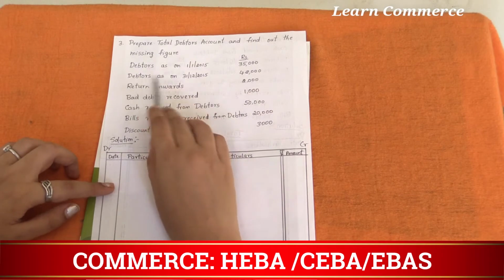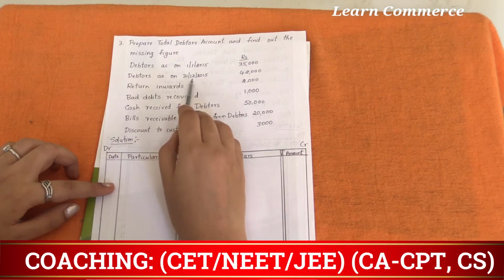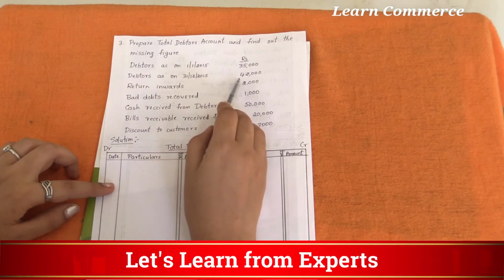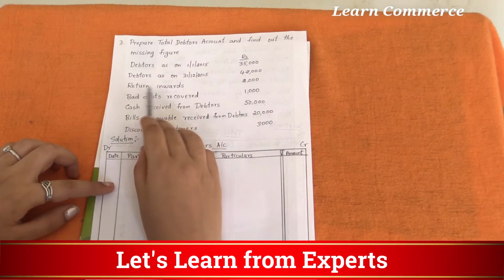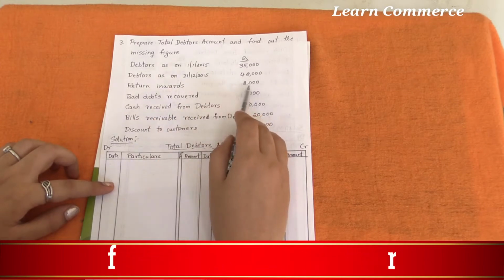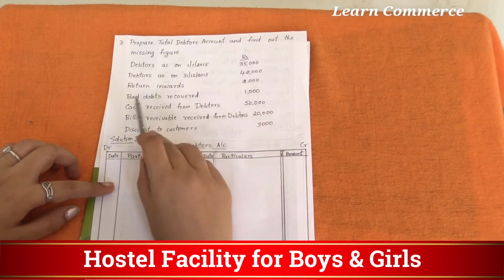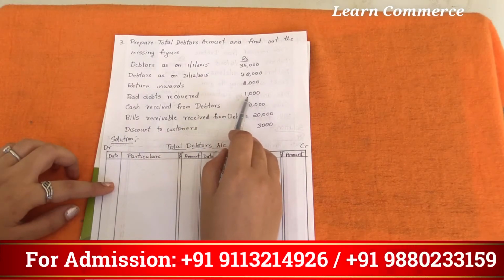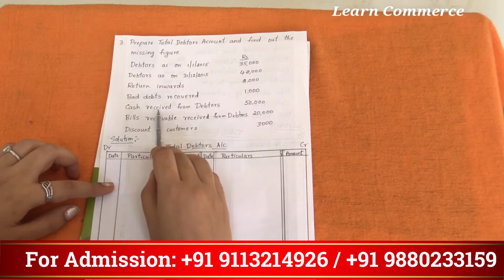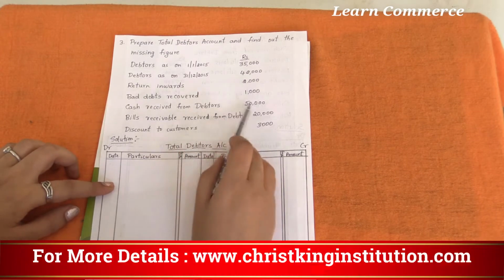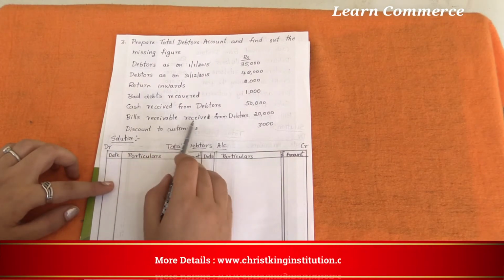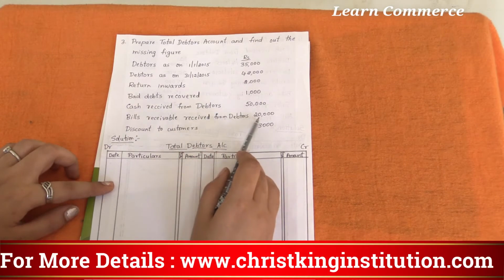Then debtors as on 31st December 2015, 42,000. Return inwards 2,000. Bad debts recovered 1,000. Cash received from debtors 50,000. Bills receivable received from debtors 20,000.